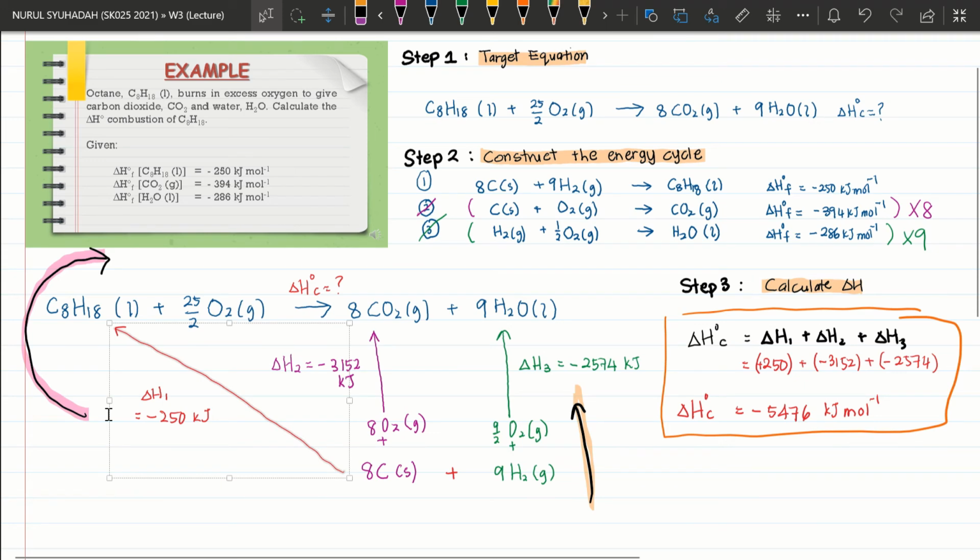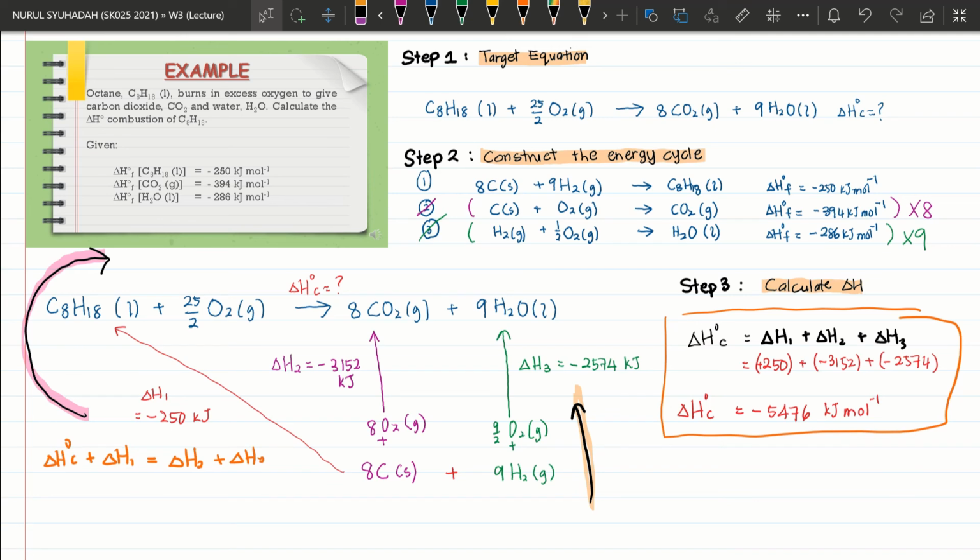I write it down here. For the clockwise, I have now delta HC0 plus delta H1 equals the anti-clockwise, where I have delta H2 and delta H3. So delta H2 plus delta H3.